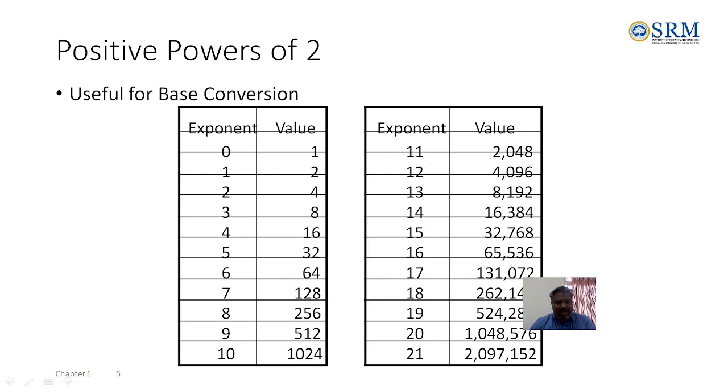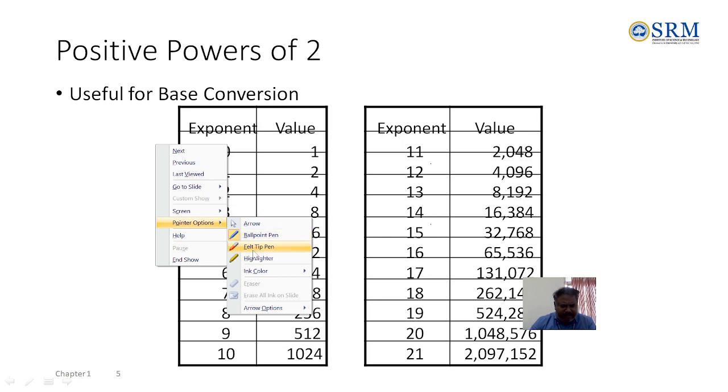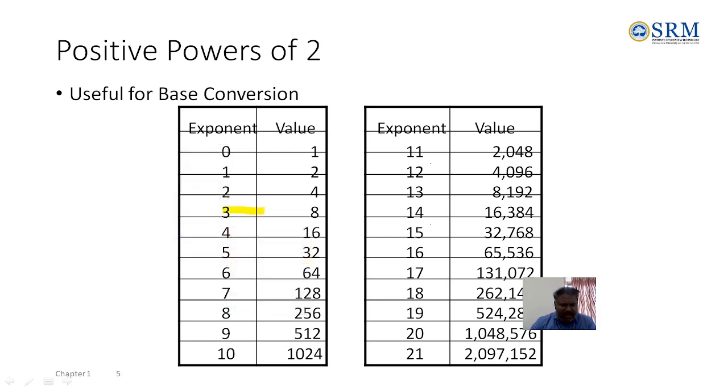For example, 2 power 0 gives the value 1, 2 power 1 gives 2, 2 power 2 gives 4, 2 power 3 gives 8, and 2 power 4 gives 16.